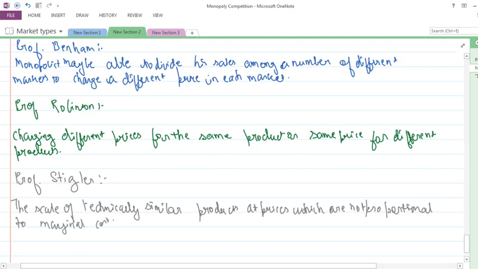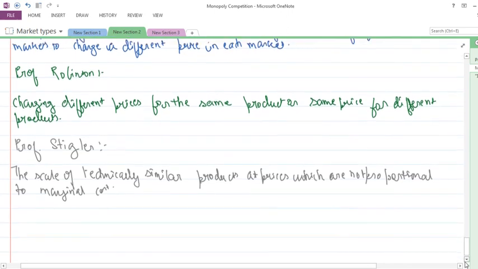So price discrimination can be divided into three different types.